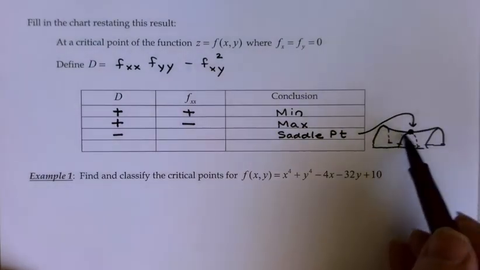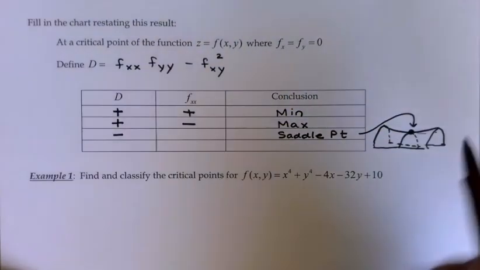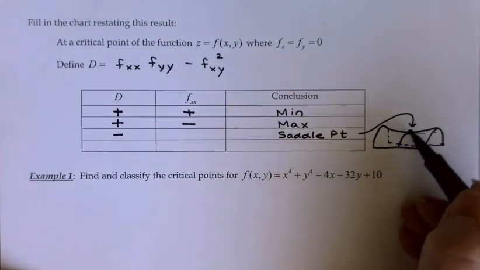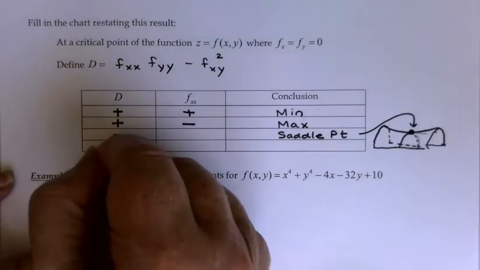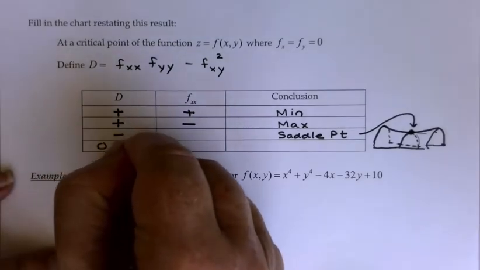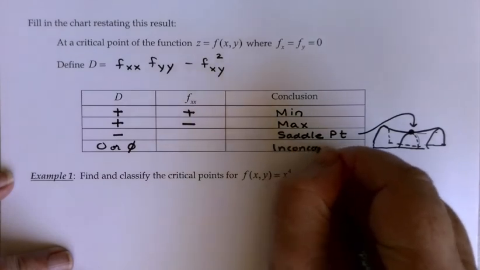It looks like a minimum from this direction, but if you looked in from the end of the saddle, it would look like a maximum of the cross section. So a saddle point looks like a minimum from one perspective, but a maximum from another. And then finally, if D is 0 or undefined, then our test is inconclusive.